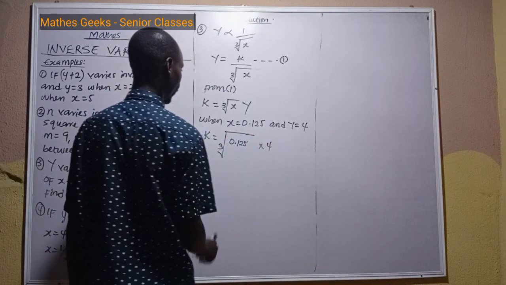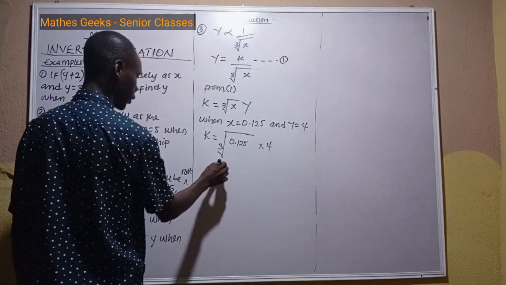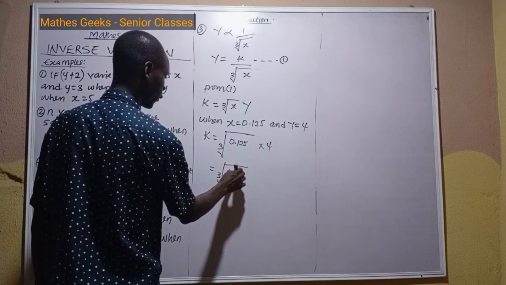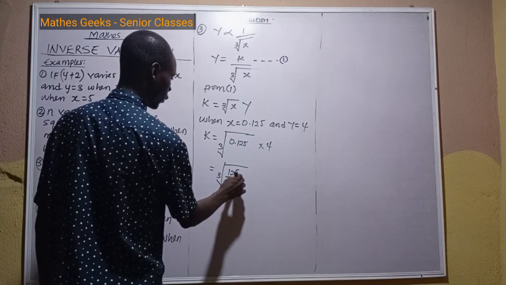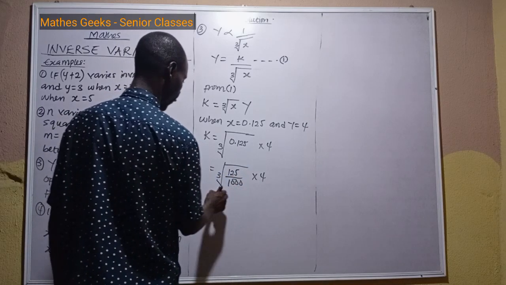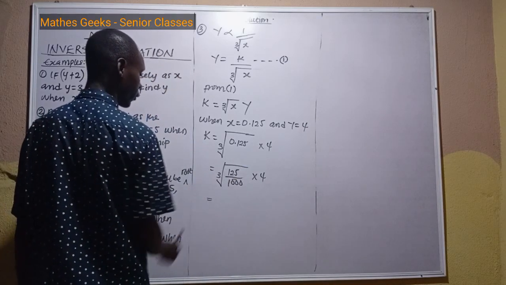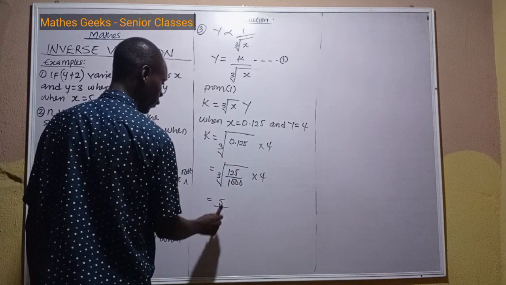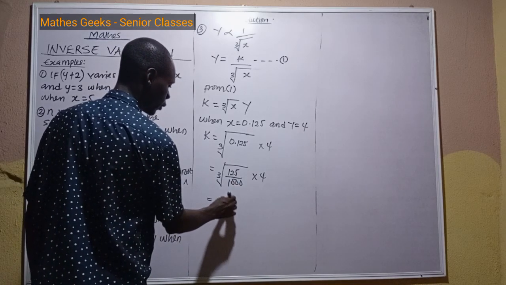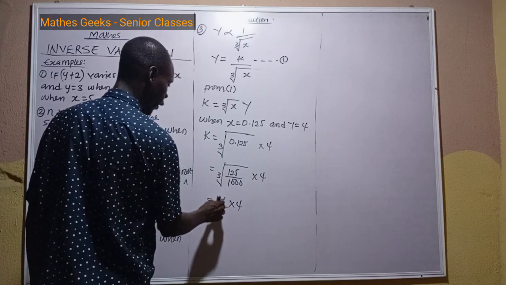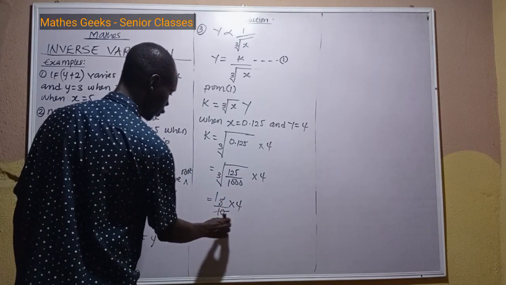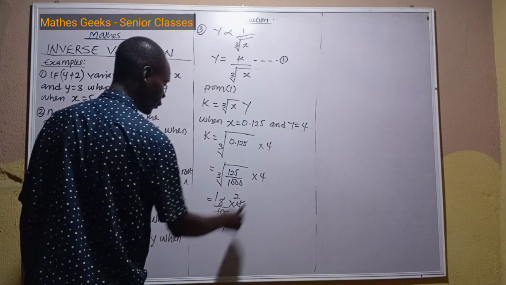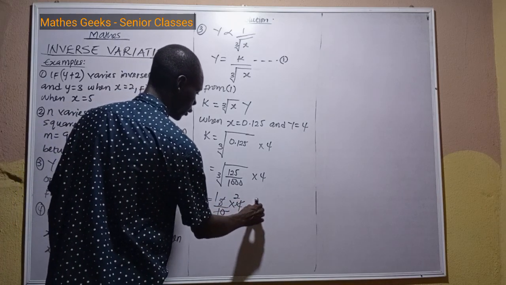times 4. You can express this as third root of 125 over 1000 times 4. The third root of 125 is 5. The third root of 1000 is 10, times 4. 5 into 10 is 2. 2 into 4 is 2... So k is 2.